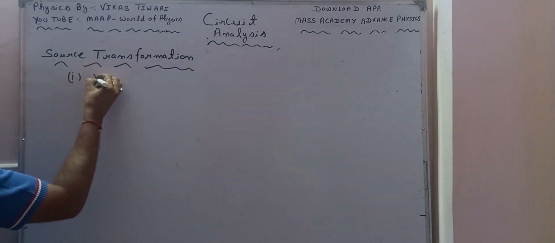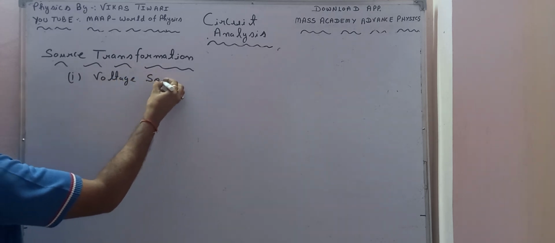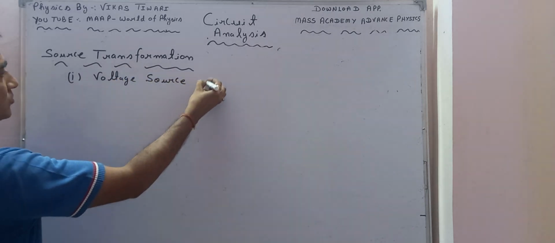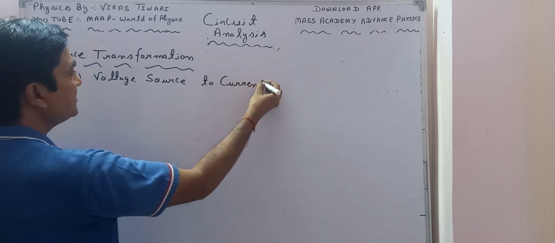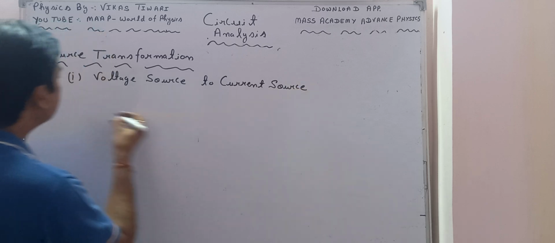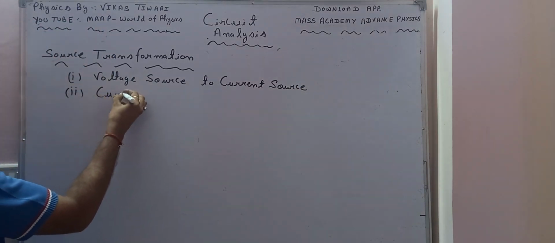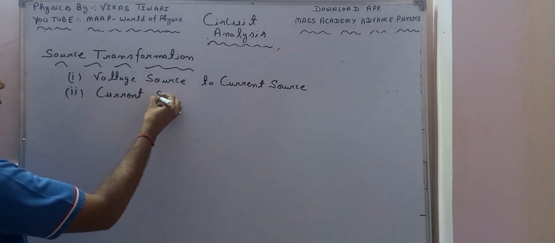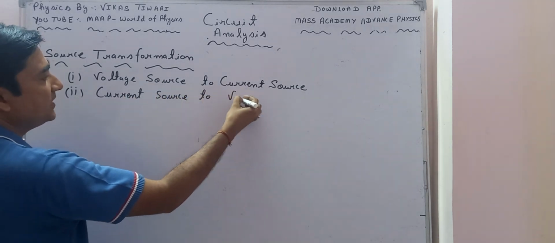We can transform any voltage source to a current source. This is called voltage to current source transformation. And the second one, we can also transform any current source to a voltage source.